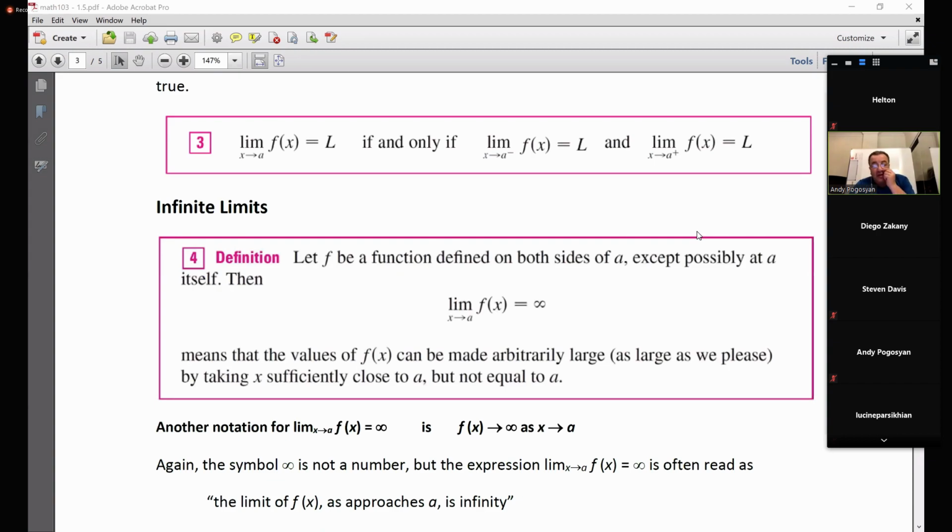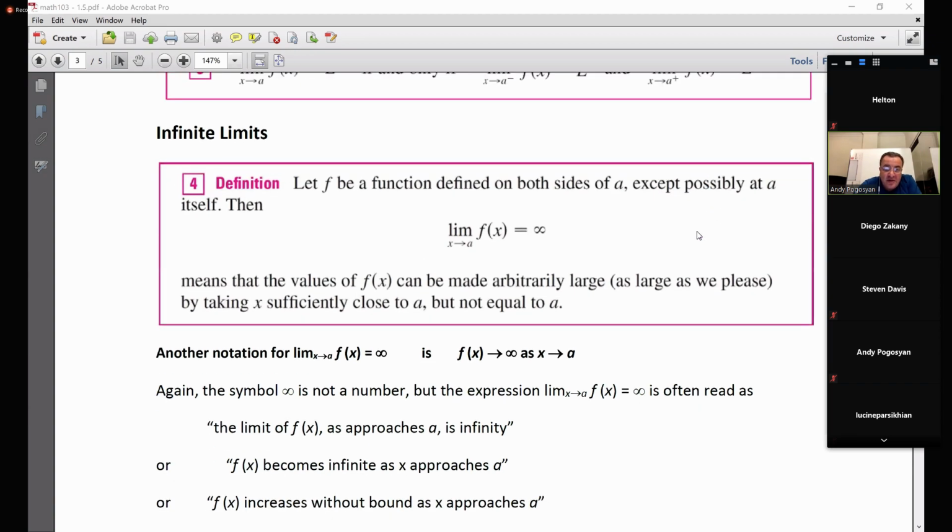Now, infinite limits. This is where we get your asymptotes. Let f be a function defined on both sides of a, except possibly at a itself. Now, the limit of f of x is infinity as x approaches a means that the value of f of x can be made arbitrarily large as we please by taking x sufficiently close to a, but not equal to a.